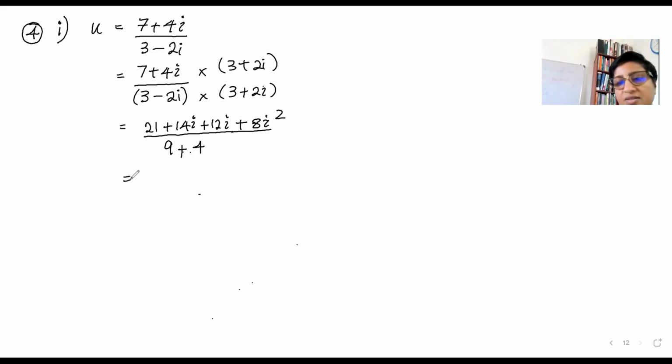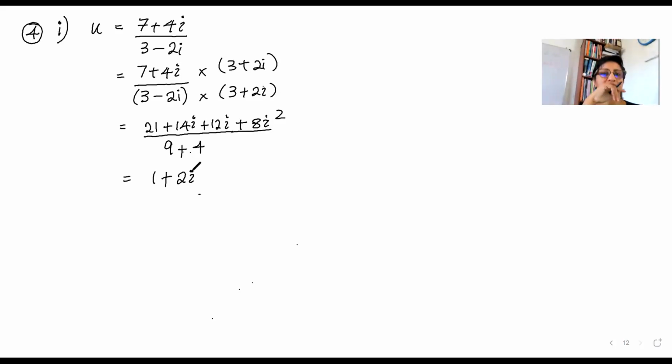I will just write it. So it's 1 plus 2i. I didn't do the simplification in full. Yeah, looks like it. I hope this is 1 plus 2i, right? u is 1 plus 2i.